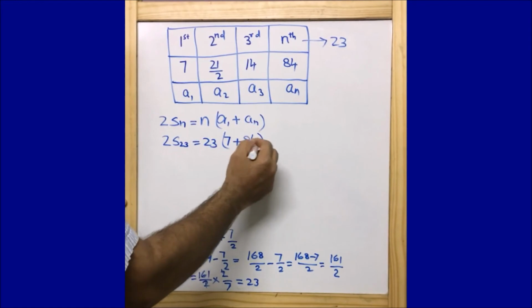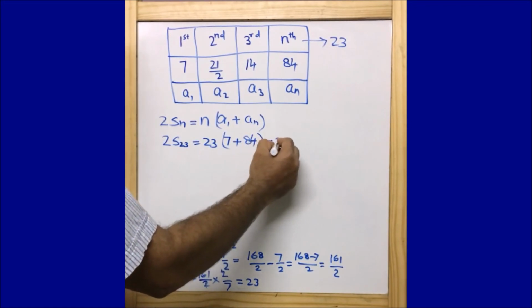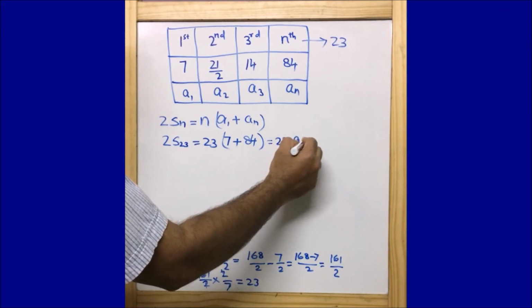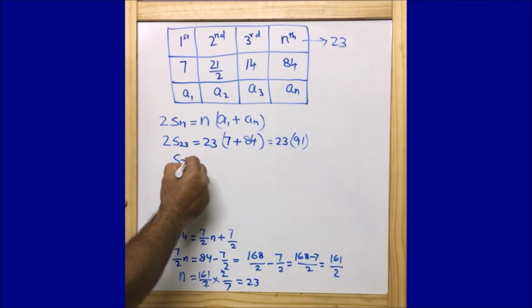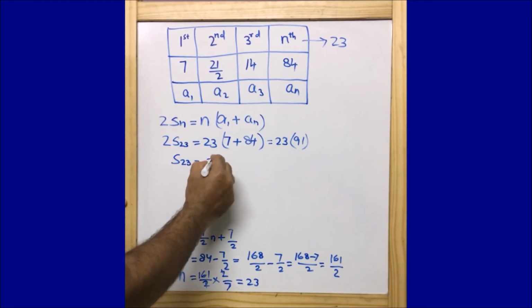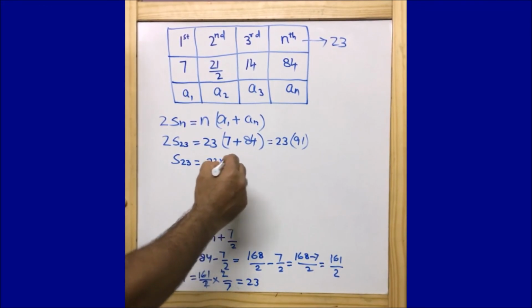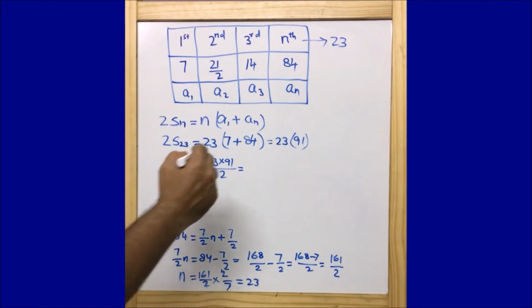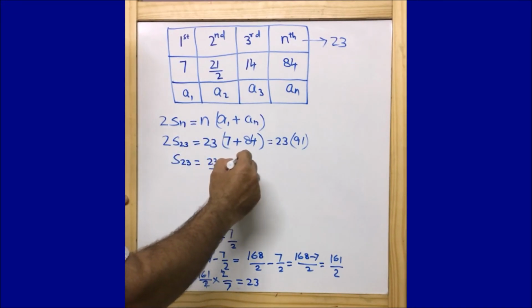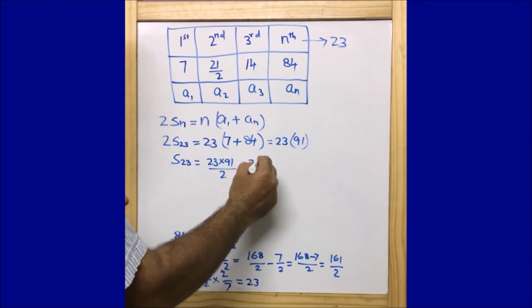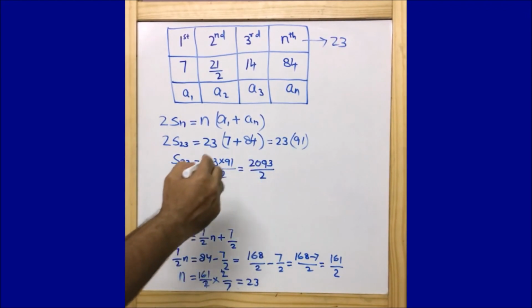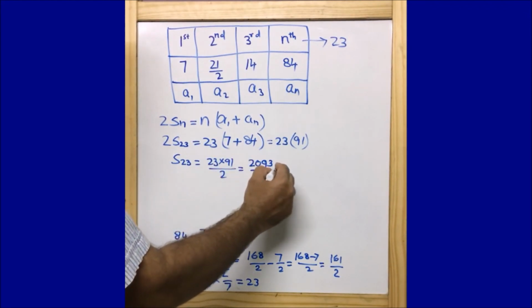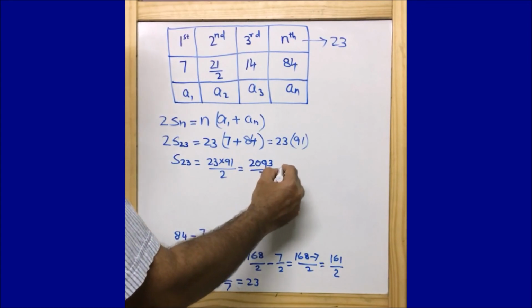So that is equal to 23 into 91, or S23 is equal to 23 into 91 by 2. Multiplying 23 by 91, I am getting 2093 by 2.